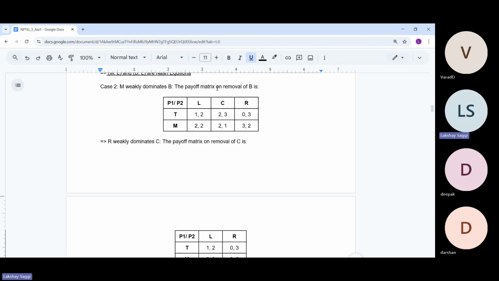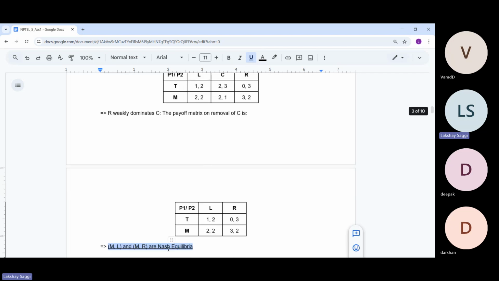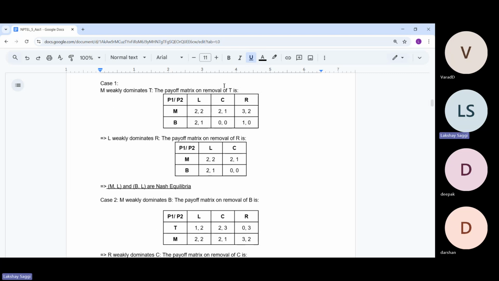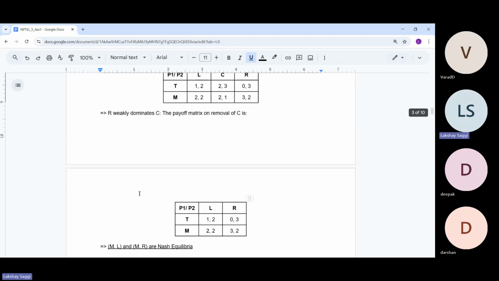But on the other hand, in case one, on removing T and then removing R, we arrived at the Nash equilibria ML and BL. So in one case we arrived at ML and BL as Nash equilibria, whereas in the other case we arrived at ML and MR as the Nash equilibria.